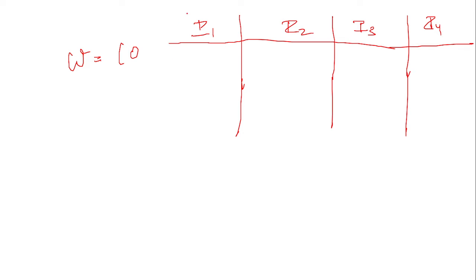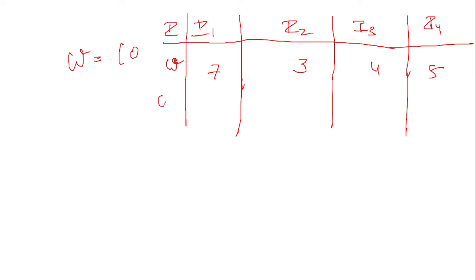Now let's consider the weight of each item. The weight of item 1 is 7, item 2 is 3, item 3 is 4, and item 4 is 5.